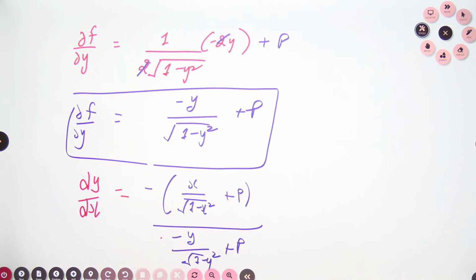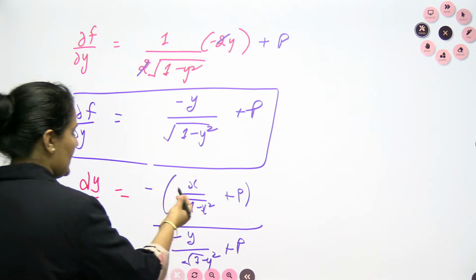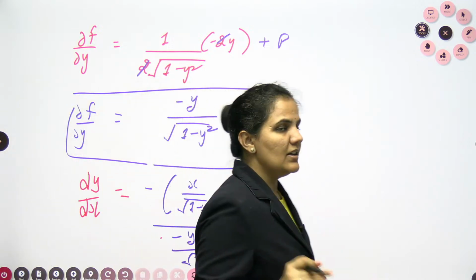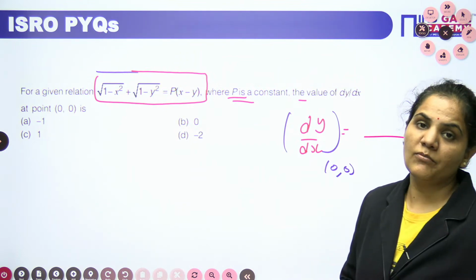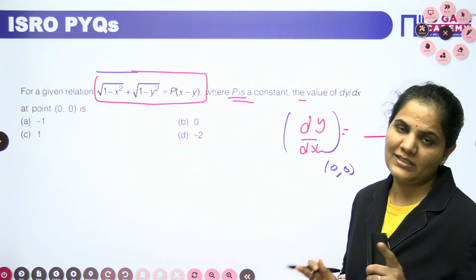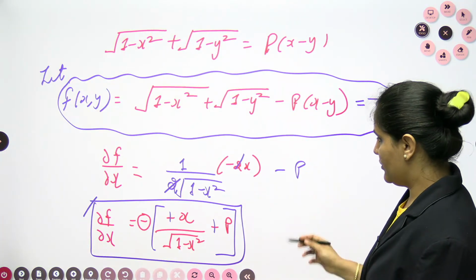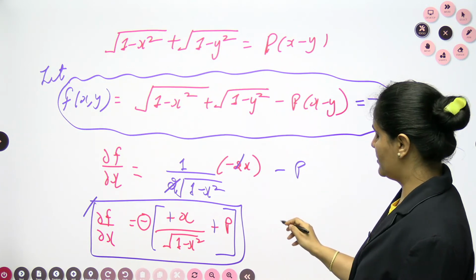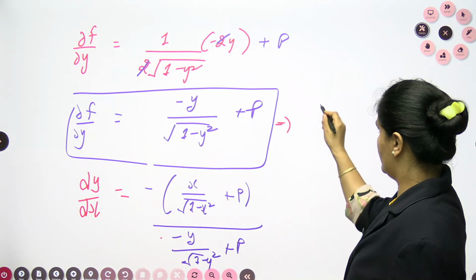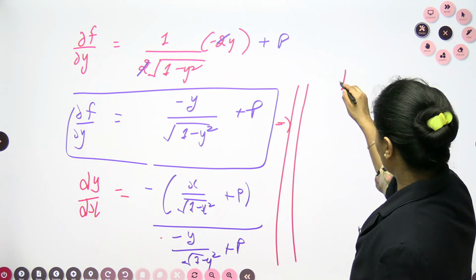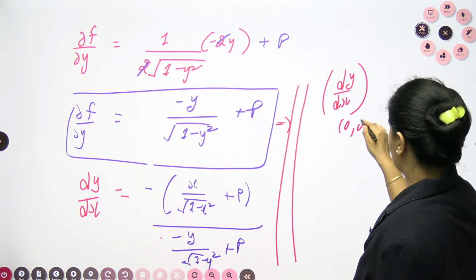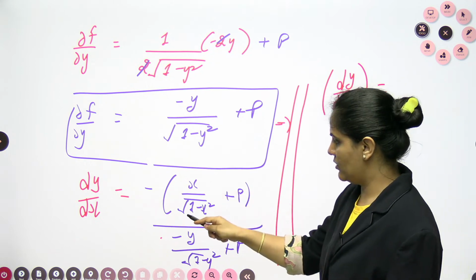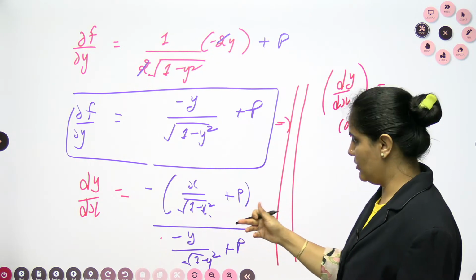First of all, before going to the options, we can see clearly here that you are asking about the value of the derivative of the function at the point 0, 0. So x is 0 and y is 0, and we can put it here or directly. So the value of dy by dx at 0, 0: 1 minus 0 is 1 only.